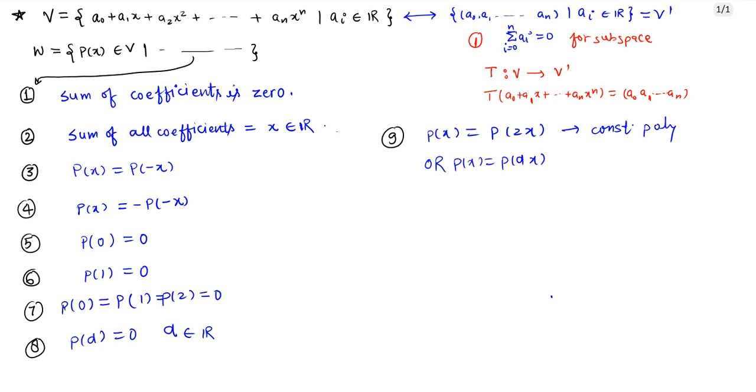Alpha may be 0, then this is also possible or not. Yes. This is also a constant polynomial and alpha belongs to field.